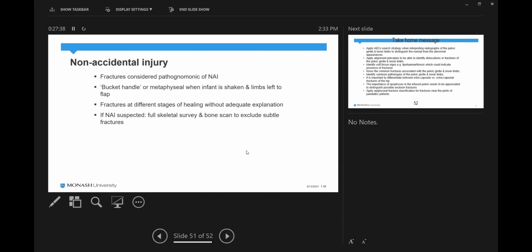If you see bucket handle fractures or metaphyseal fractures, and you see that when the infant is shaken and the limbs are left to flap around, you could see fractures at different stages of healing, which is, of course, a sign that would flag that you're looking at NAI, and especially if the parent or the carer can't provide an adequate explanation. However, if NAI is suspected, then a full skeletal survey must be done, and also useful to include bone scintigraphy to exclude any subtle fractures.